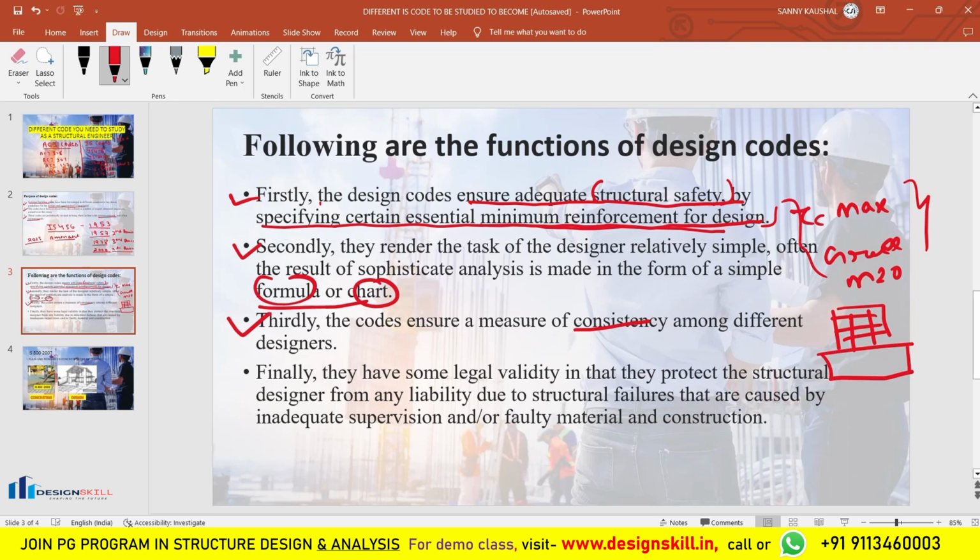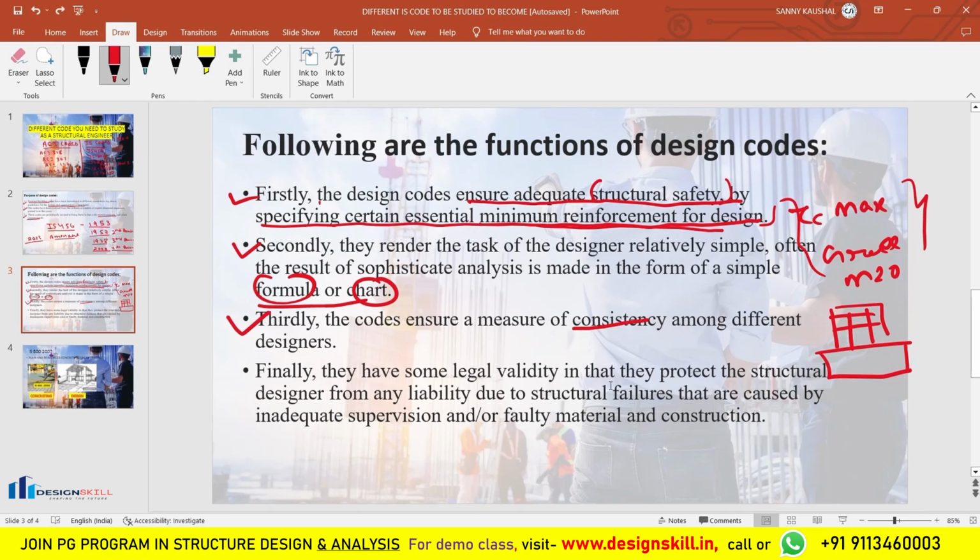The consistency is maintained because every structural engineer will follow the design codes and the guidelines given in them, so the outcome will be similar.